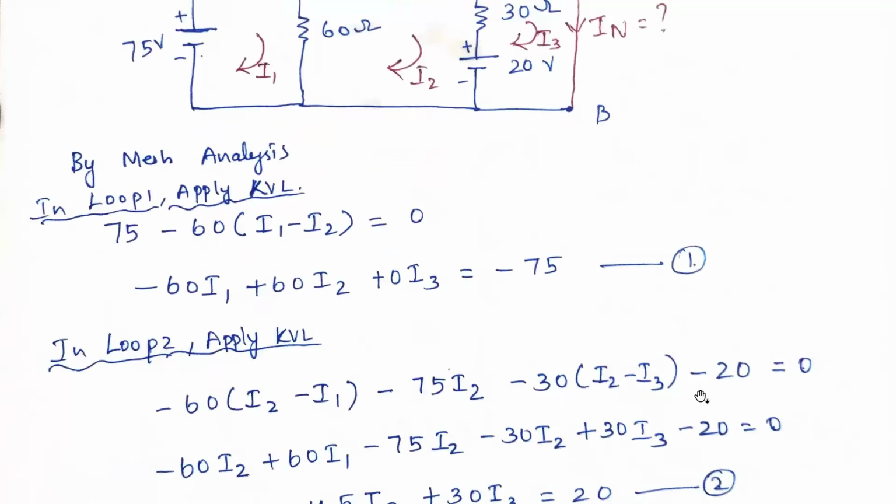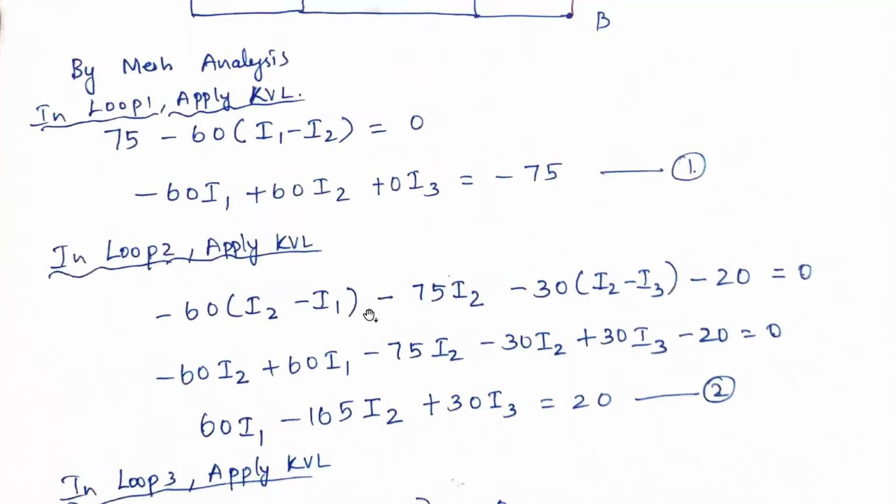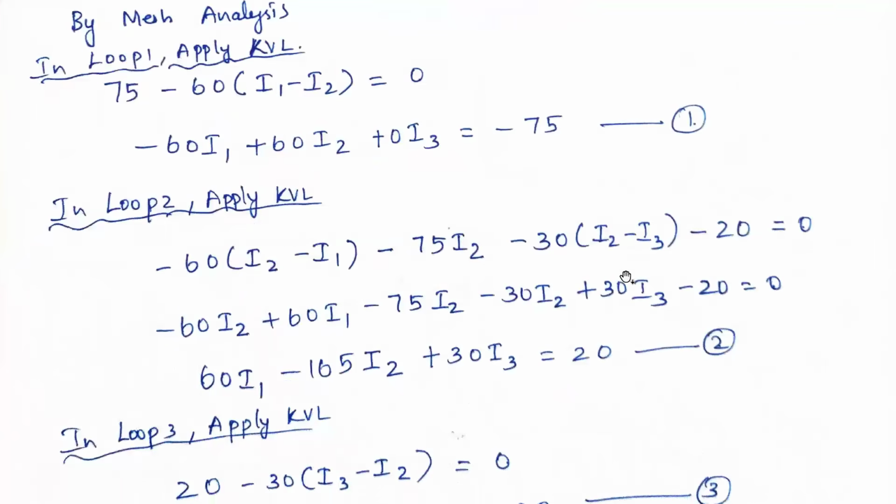So minus 20 is equal to 0. Simplifying this equation, we get minus 60 I2 plus 60 I1 minus 75 I2 minus 30 I2 plus 30 I3 minus 20 is equal to 0. Further simplifying, we get 60 I1 minus 165 I2 plus 30 I3 is equal to 20. Take this as equation number 2.